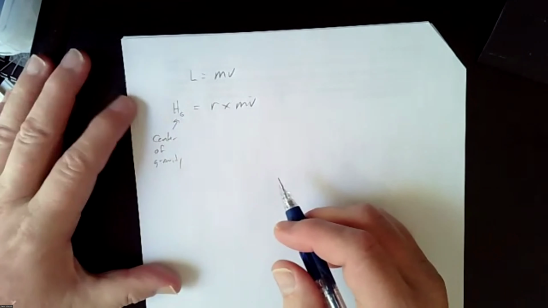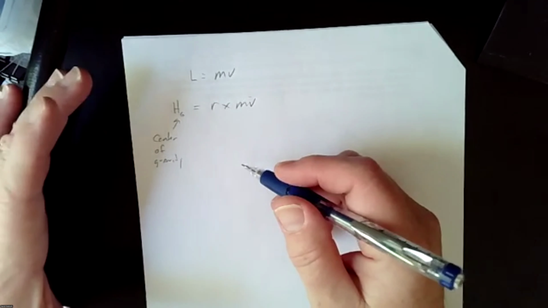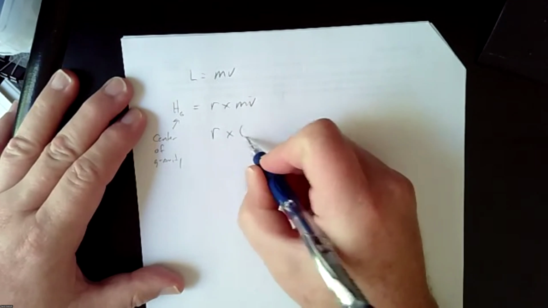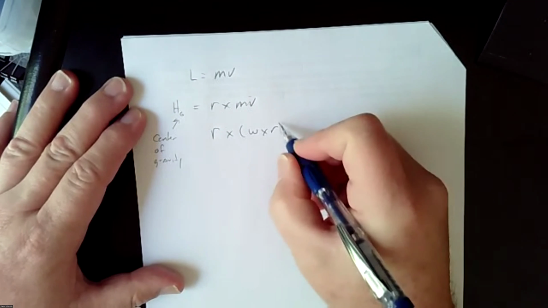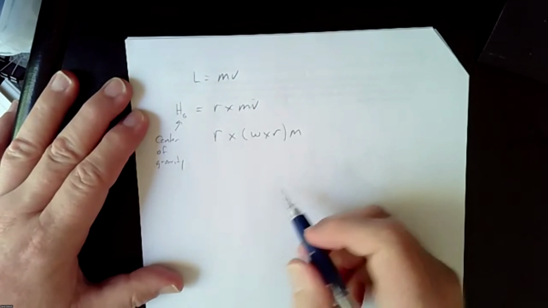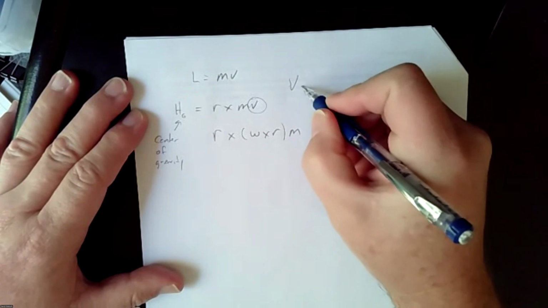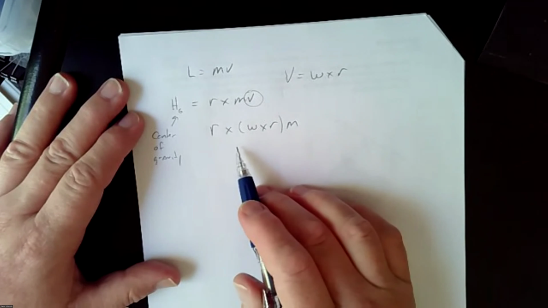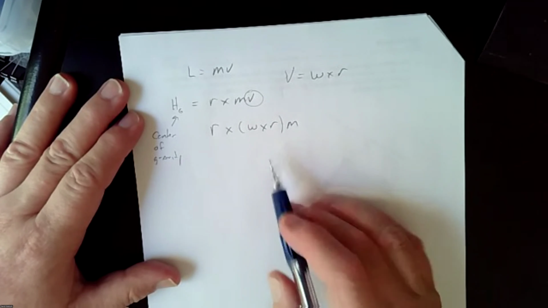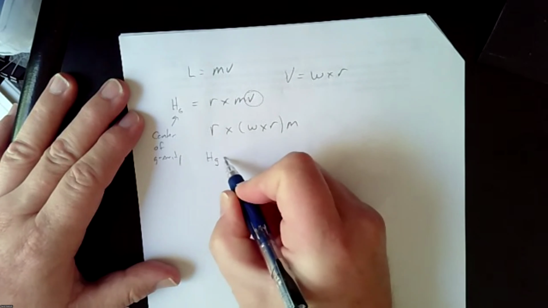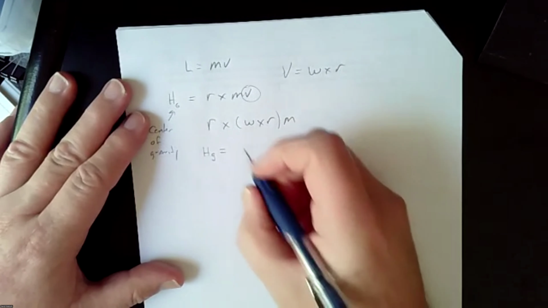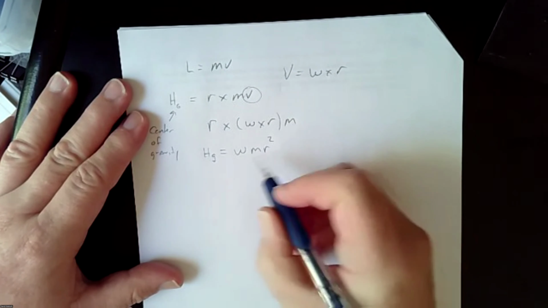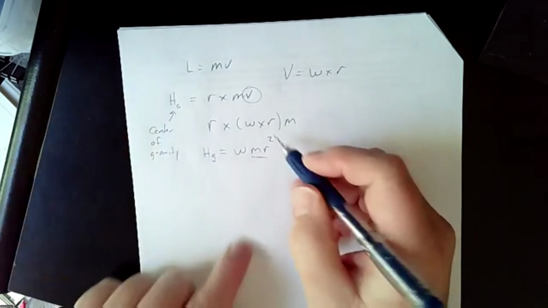I would look that over too to see how it's derived. But in a nutshell, what we get is R cross omega cross R times mass. That's because velocity we can write as omega cross r. We learned that in chapter 15. So when the smoke clears, what this really reduces to is HG equals omega times mr squared.